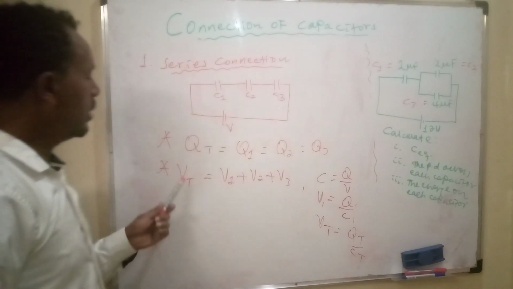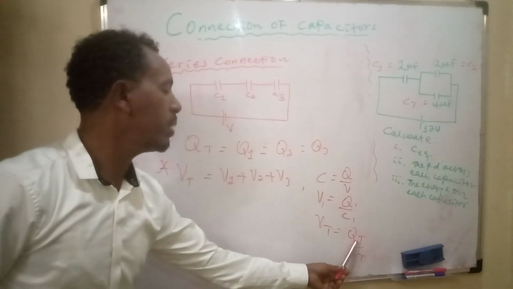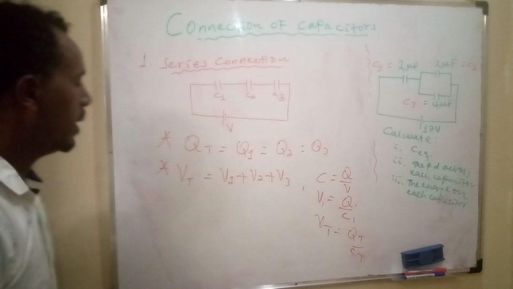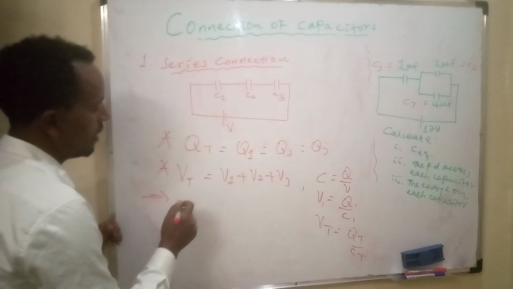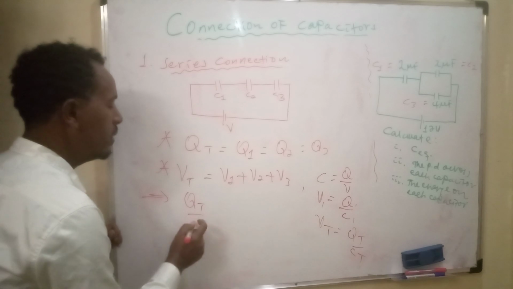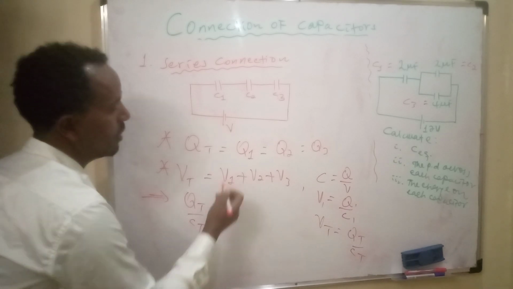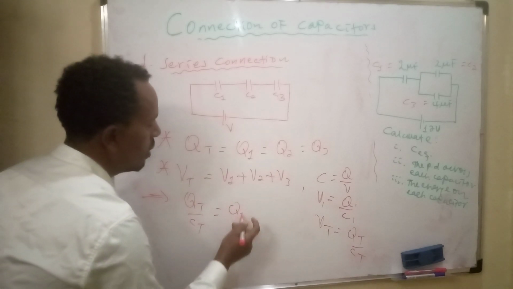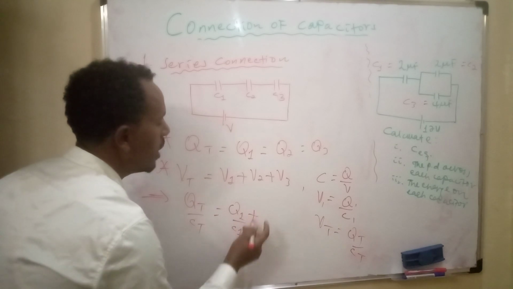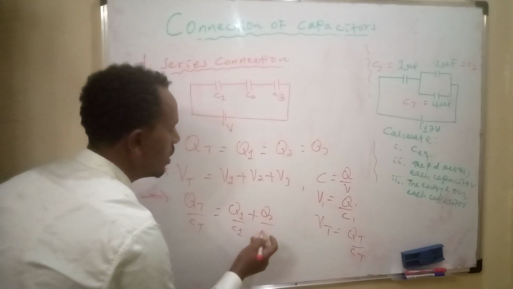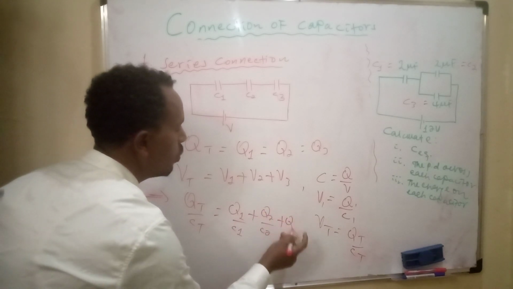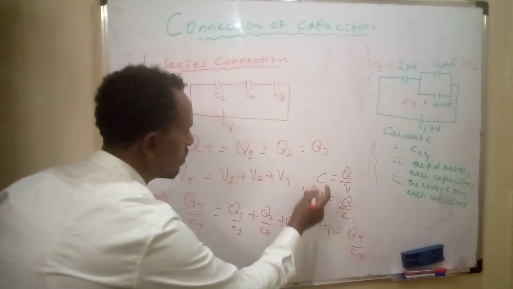Now, instead of V total, it is possible to substitute Q total over C total. This implies Q total over C total is equal to, instead of V1, Q1 over C1 plus Q2 over C2 plus Q3 over C3.